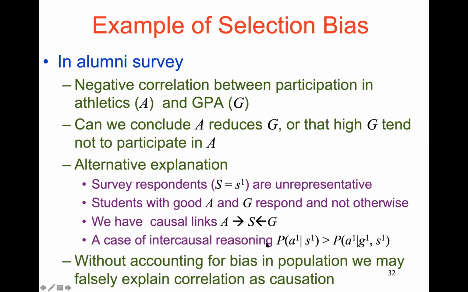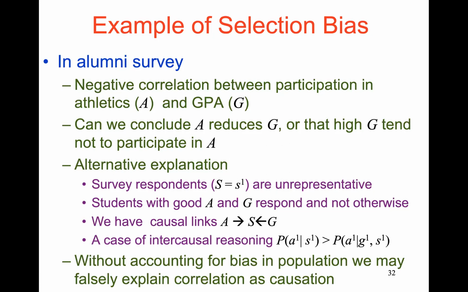It's what's called a case of intercausal reasoning. In a particular setting, P(A1 given S1) is greater than P(A1 given G1 and S1). So two variables pointing to S is the difficult case where we have A1 given S1 greater than A1 given G1 and S1.